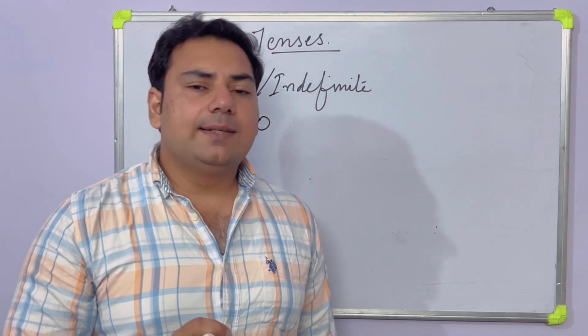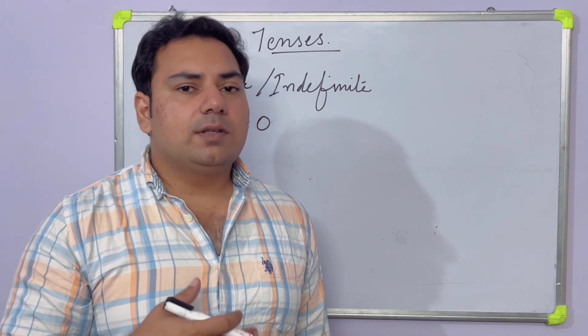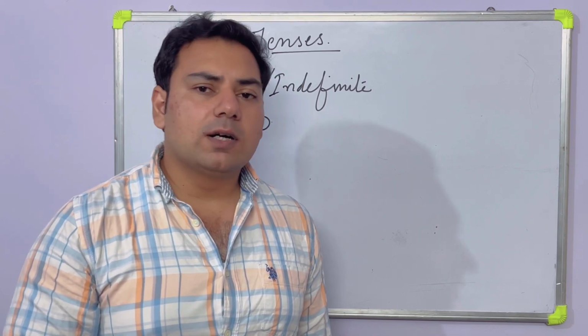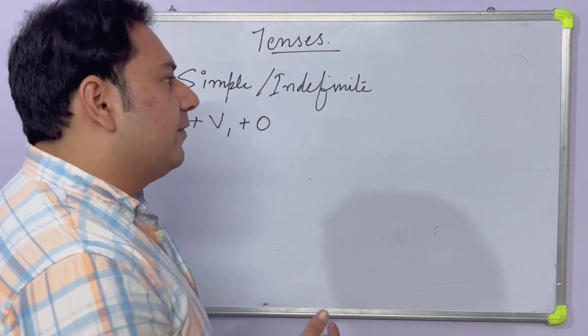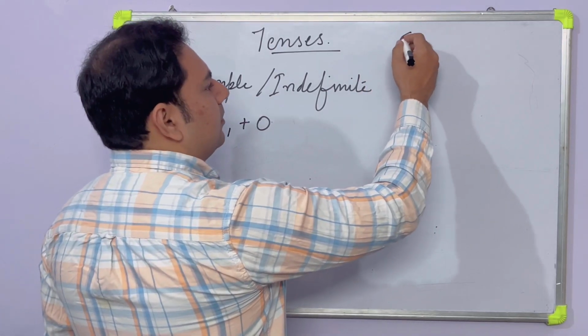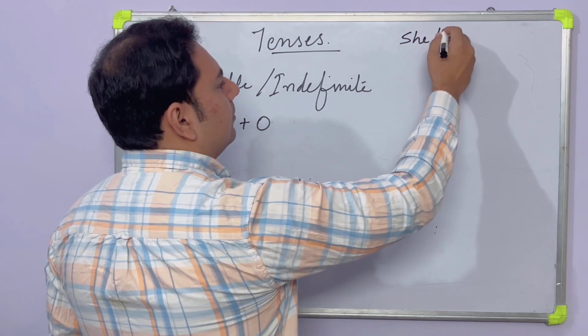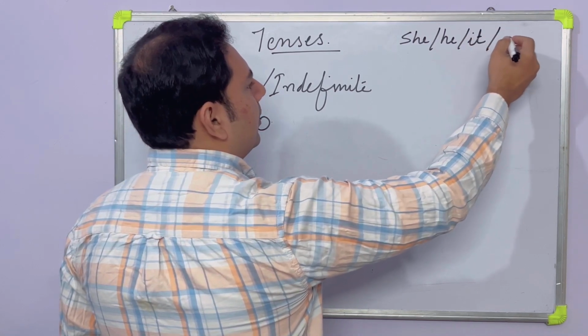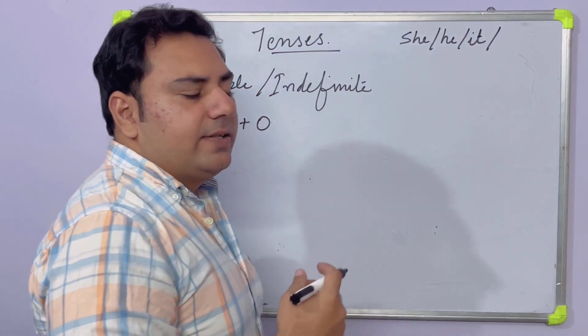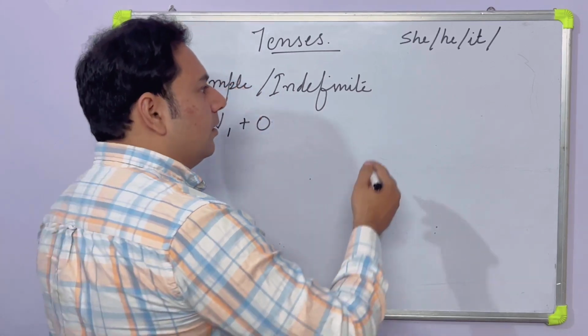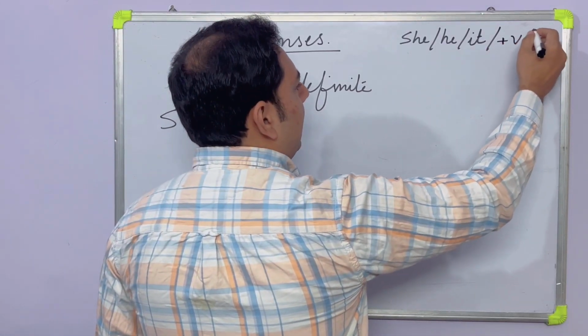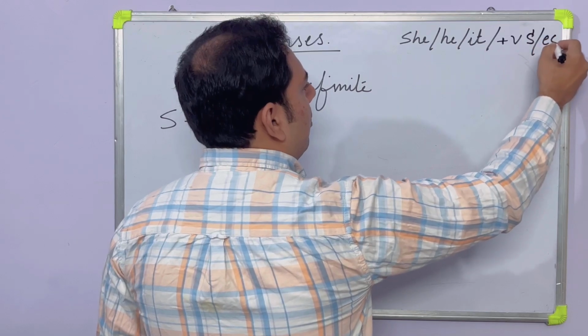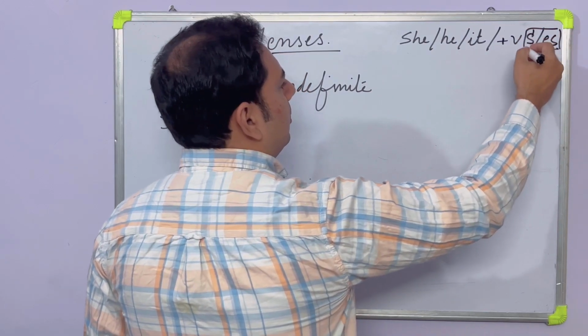Now there will be a little bit of change if the subject is singular or plural. If the subject is singular, meaning she, he, it, or any singular noun, then the verb will have s or es with it.